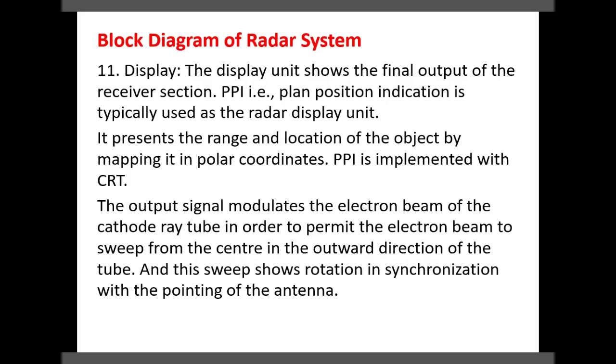The output signal modulates the electron beam of the cathode ray tube in order to permit the electron beam to sweep from the center in the outward direction of the tube. This sweep shows the rotation and is in synchronization with the pointing of the radar antenna. So this completes the description of the radar block diagram.